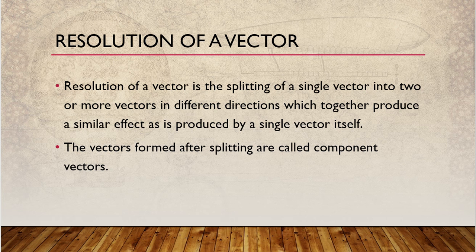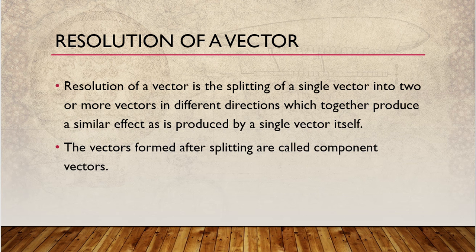So this single vector is equal to the vectors which are produced from the splitting of the vector, which means that the different vectors produced give a similar effect as the effect given by a single vector itself.